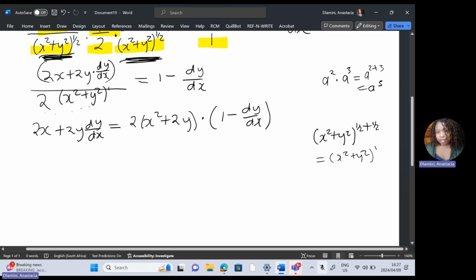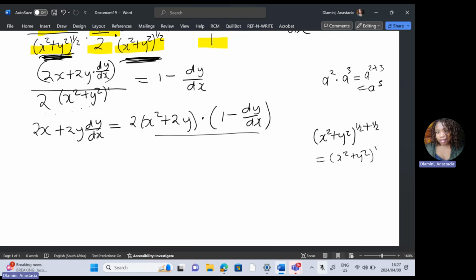Sharp. So now, let's simplify this term here so that we can take all the dy over dx to the left hand side, and the terms without the dy over dx to the right hand side. So then we have 2x plus 2y dy over dx equals, now this term here multiplies with this one. So then we have 2x squared plus 2y.